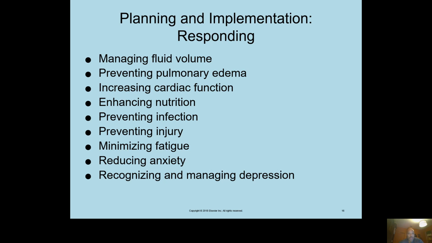There's also IV morphine sulfate, which is given in order to decrease myocardial oxygen demand. And this is done by causing vasodilation of the blood vessels.